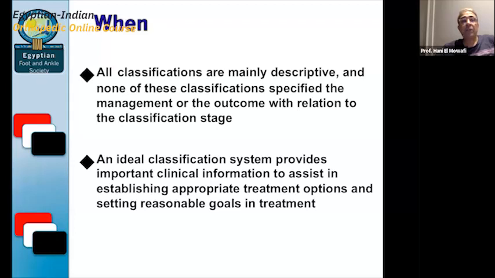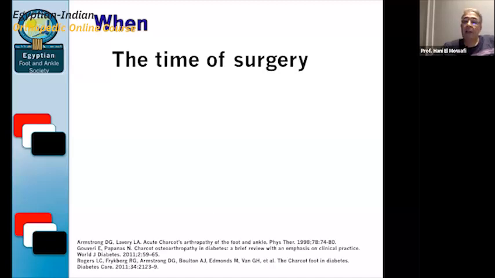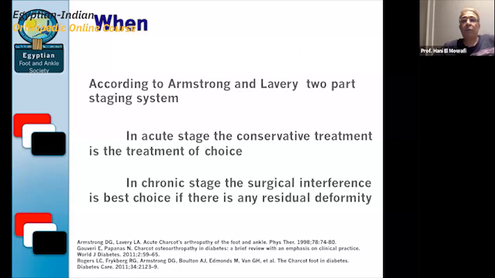So the ideal classification system must provide important clinical information to assist the patient in establishing the appropriate treatment option and setting reasonable goals. First, we have to know the perfect time for surgery. According to Armstrong, whose clinical classification was introduced in 1998, it is very simple and consists of acute and chronic.